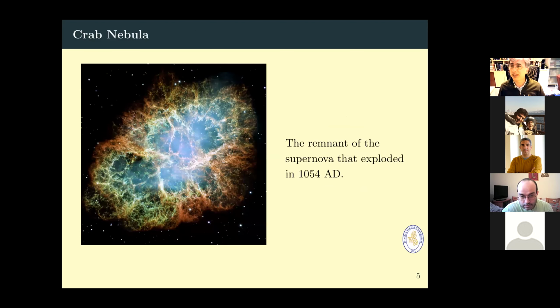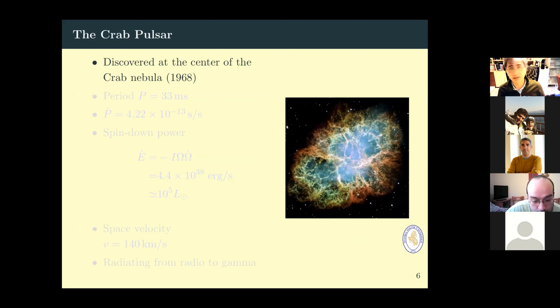Here, of course, you see this gorgeous Crab Nebula, which is the remnant of the supernova that exploded in 1054. And at the center of this is the Crab pulsar, which is rotating with a period of 33 milliseconds and with a period derivative of about 4 times 10 to the minus 13 seconds per second.